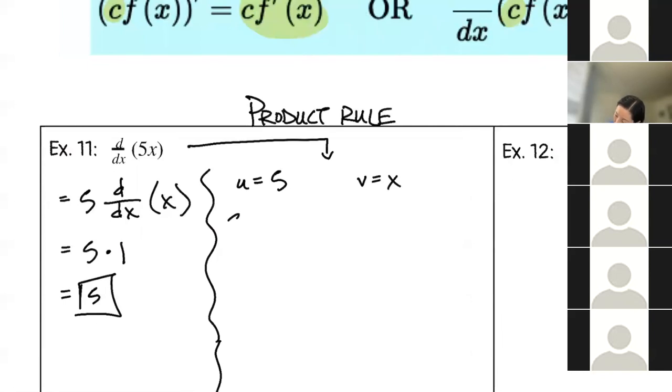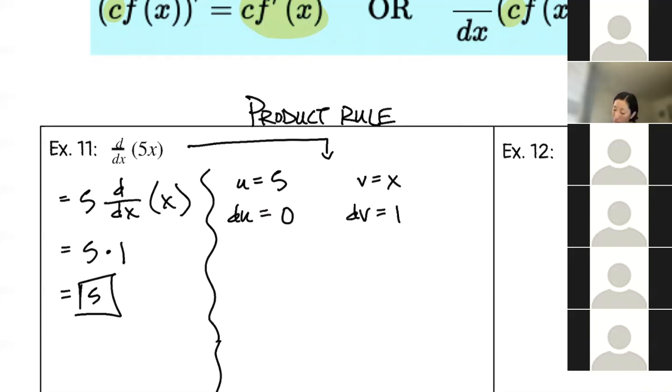What is our du and what is our dv here? Like what's the derivative of 5 and what's the derivative of x? Yeah, derivative of 5 is 0. Derivative of x is 1.